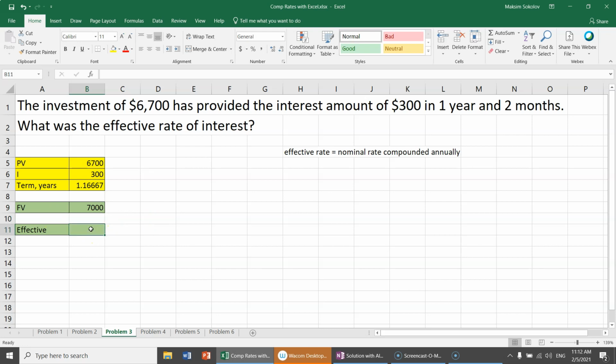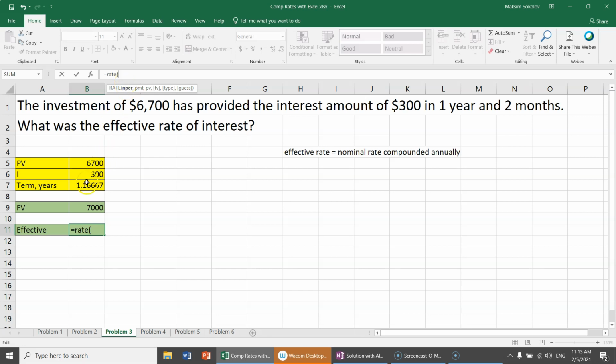Now we'll be looking for the effective rate. Effective rate is the rate compounded annually. In Excel, that's the function for rate. Again, this function for rate is for annuities, but we can use this function for such problems as well. First is the number of periods, the number of years.